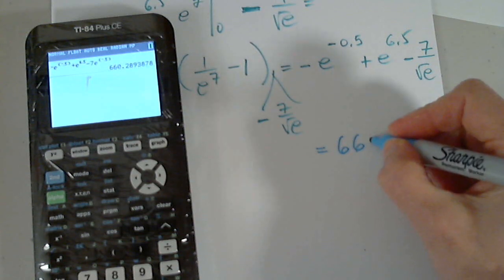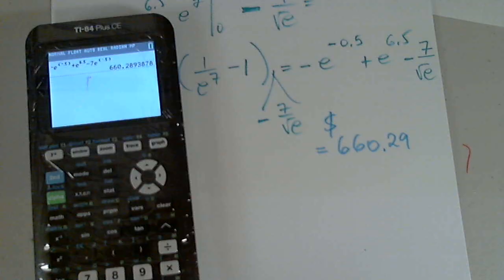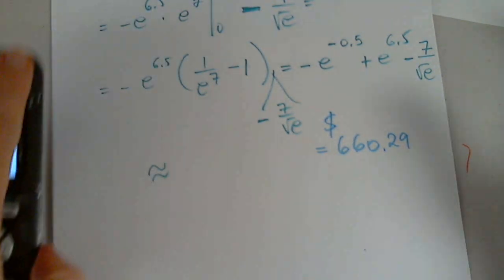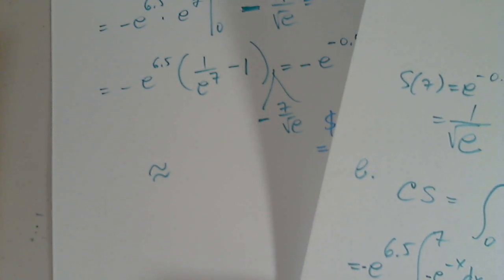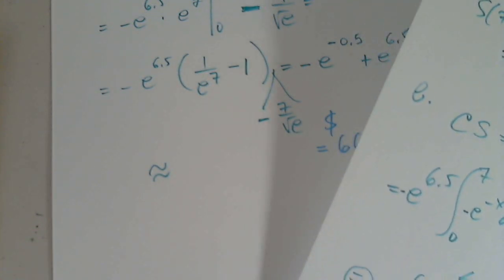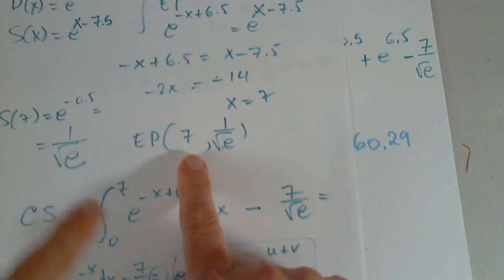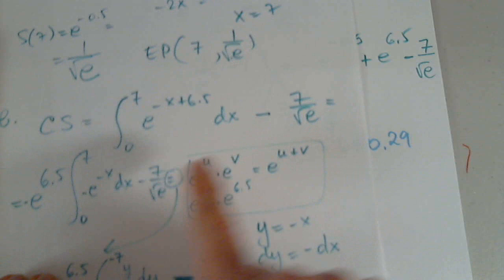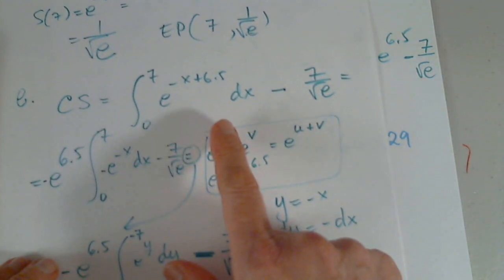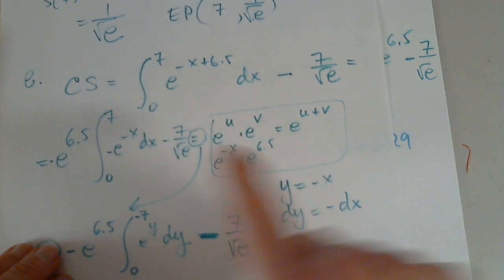This looks a little iffy to me. It's possible, but it looks a little iffy. So I think that this is okay, e to negative 0.5. This e to 6.5 is outside, so we use a substitution.